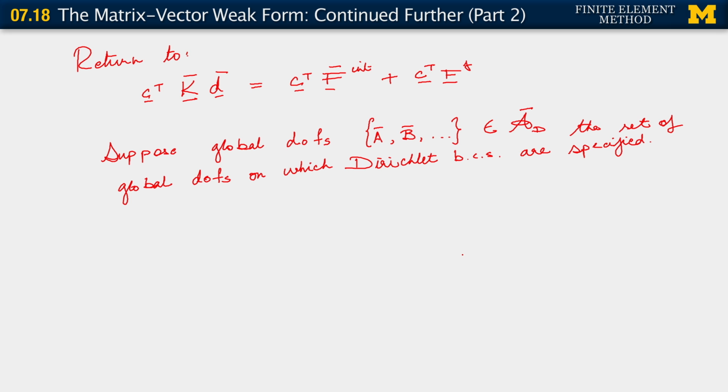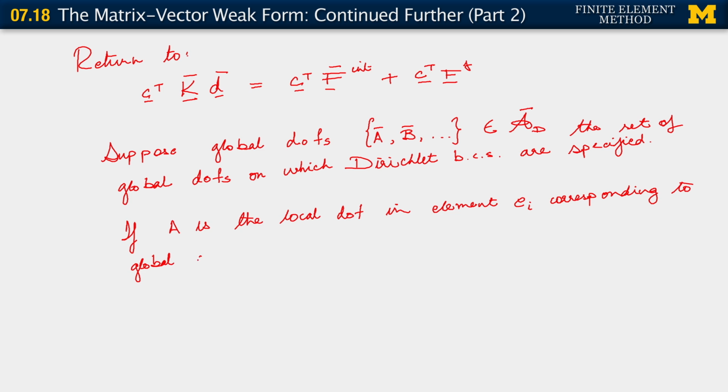Well, we know that if A is the local degree of freedom in some element, say E I, corresponding to global degree of freedom, say A bar, belonging to the set of Dirichlet degrees of freedom globally, right.